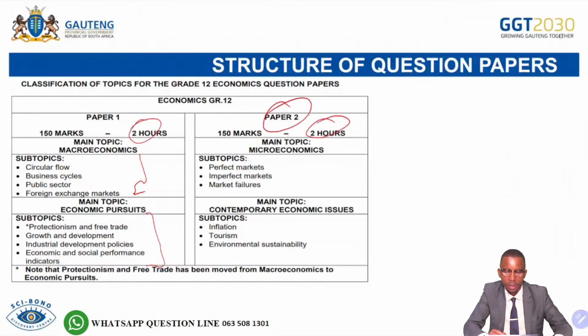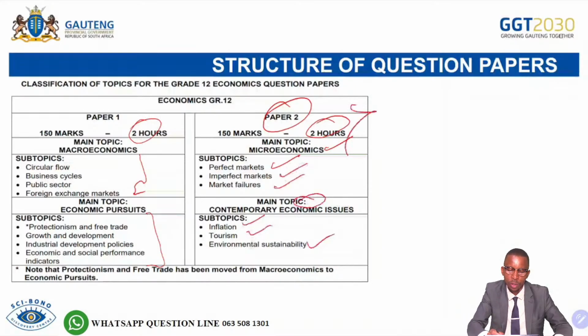The main topics are under microeconomics: perfect markets, imperfect markets, as well as market failure. And then we also have contemporary economic issues, where we come across inflation, tourism, and environmental sustainability. So if you prepare for your paper 2, your focus area is on this column. This is your paper 2.